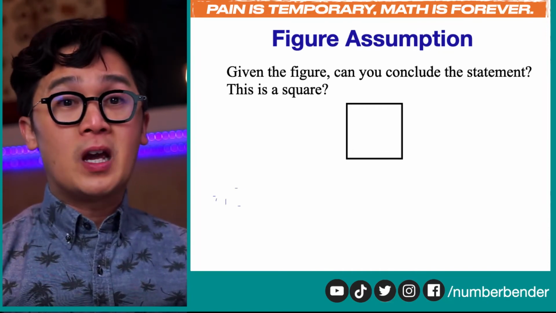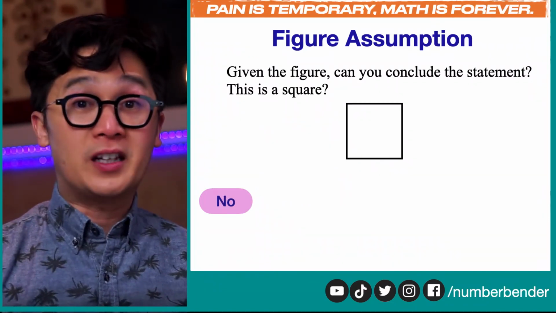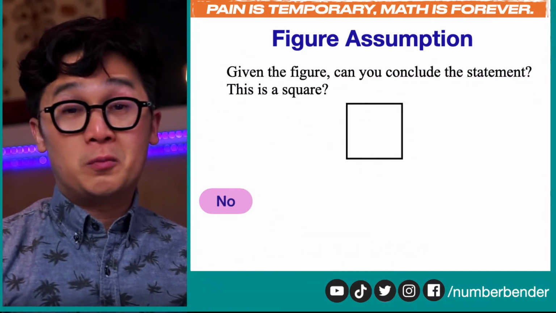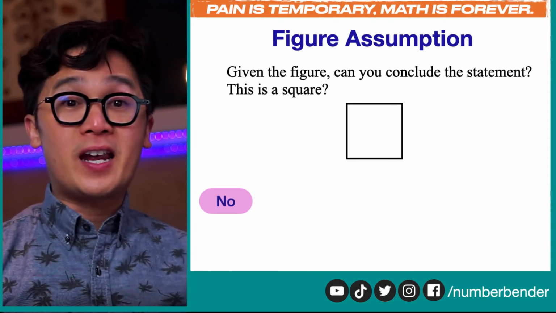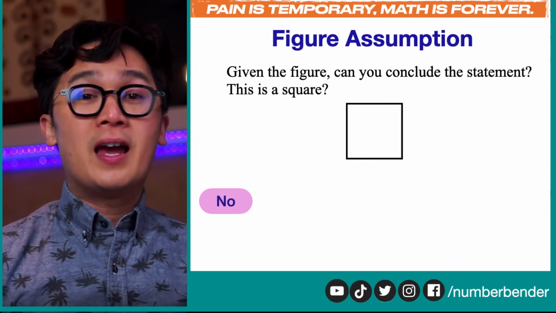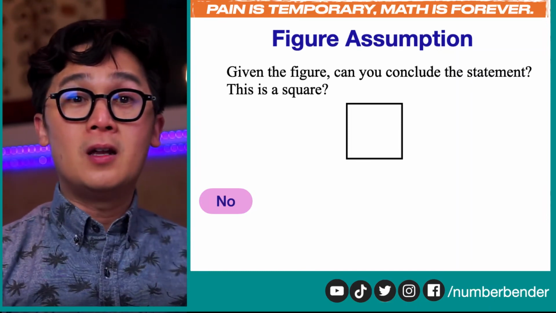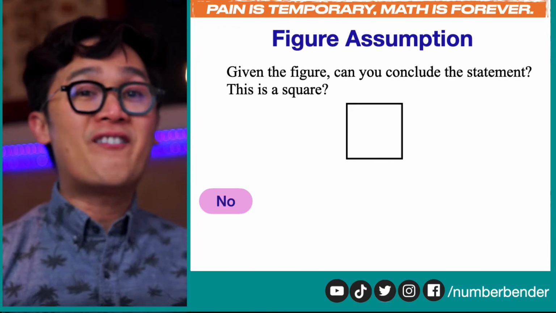Right now, we really cannot say, because it could be a rectangle, a rhombus, or a square. We cannot say for certain because there are no labels, notations, or symbols that tell us that this is a geometrically defined square.